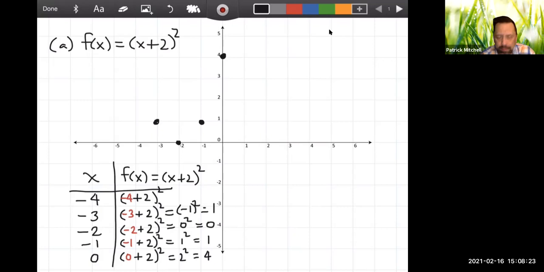And then finally -4. -4 plus 2 is -2. The square of -2, like what we just did, is positive. It's +4. So we want to make sure we hit (-4, 4). My graph passes through those points and a whole bunch of others and gives you this sort of U shape.